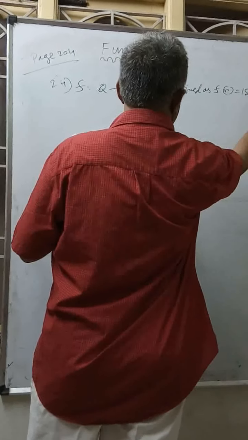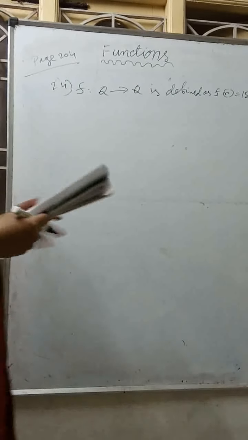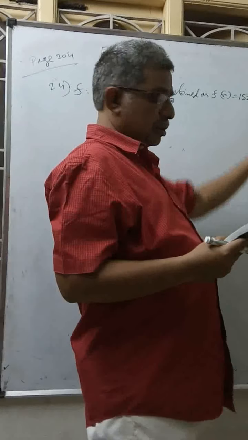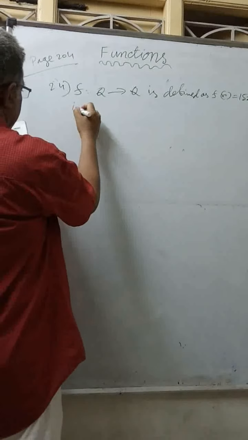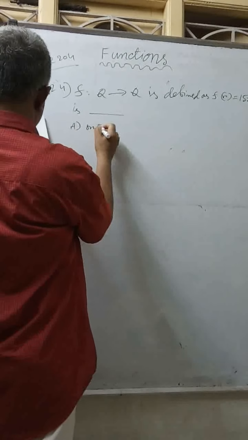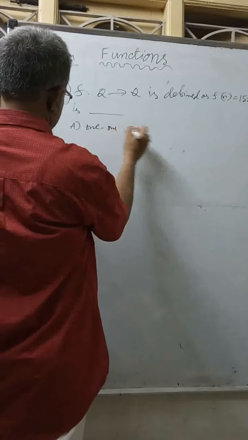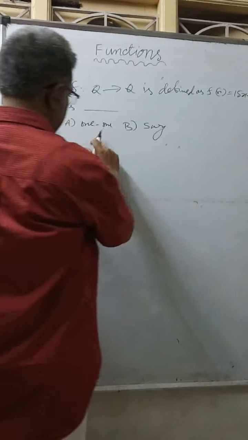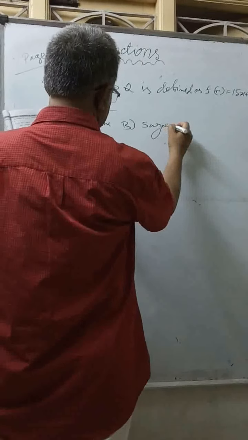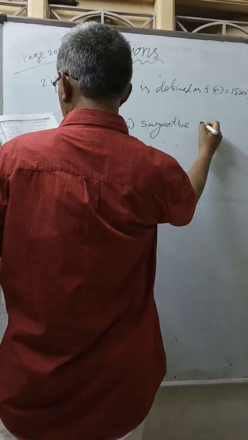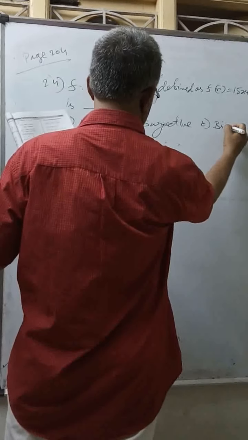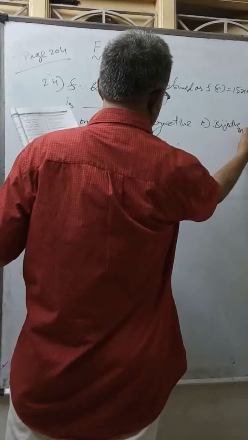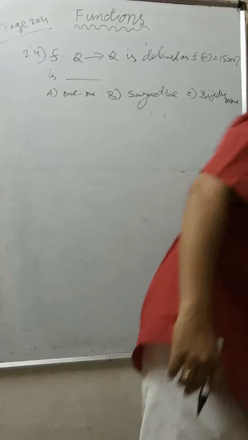F is a mapping from Q to Q, meaning rational number set to rational number set, such that f of x equal to 15x plus 7 is: a) 1-1, b) onto or surjective, c) bijective, d) none.